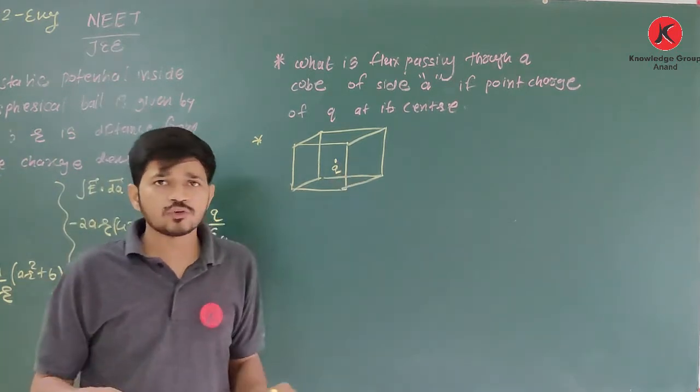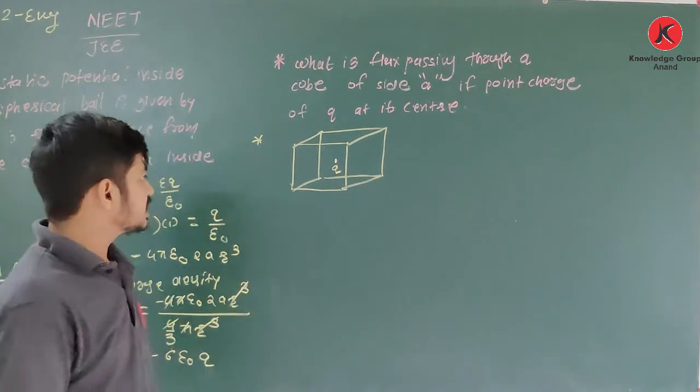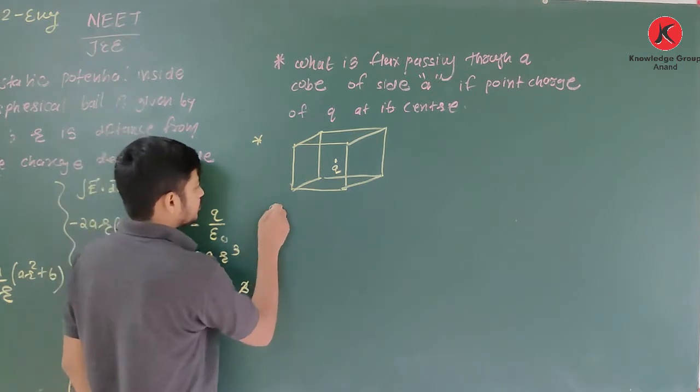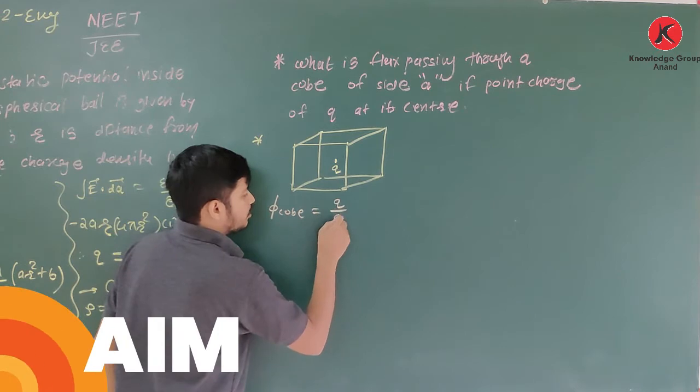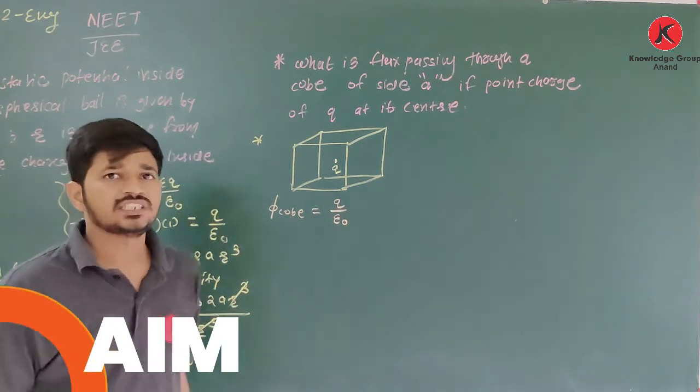So if I want to find the flux, the equation is phi is equal to Q upon epsilon 0. Simple.